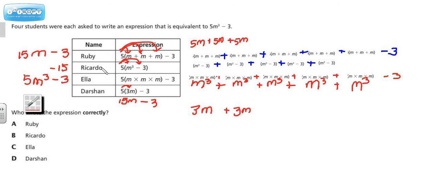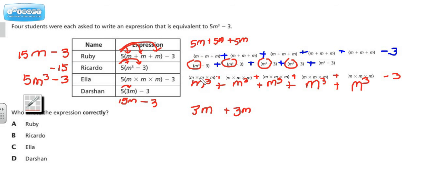All right, now going back to Ricardo, because we didn't really talk too much about what this would look like if I were to actually distribute that. If we were to combine the m cubed and the m cubed, we have 5 groups of that, right? 5 groups of this, basically.